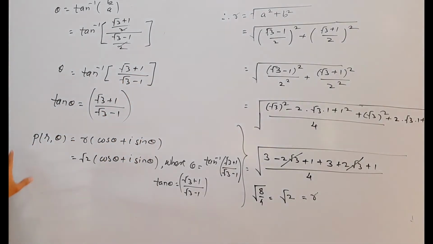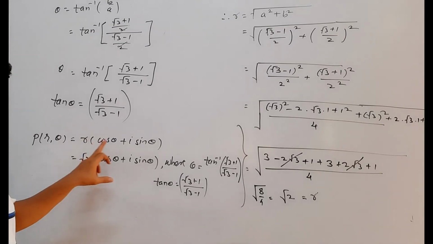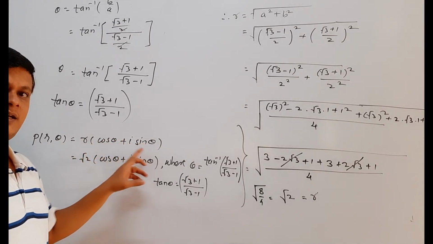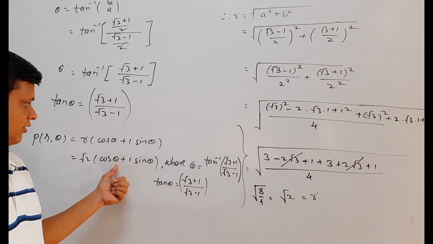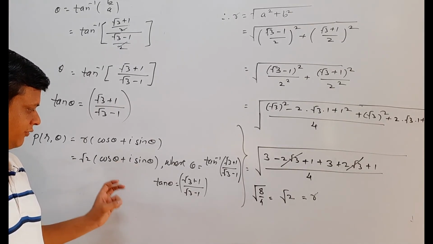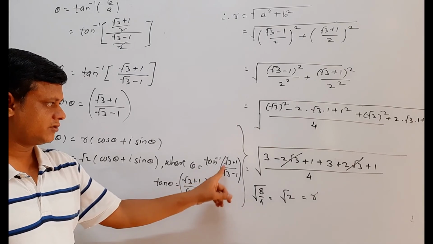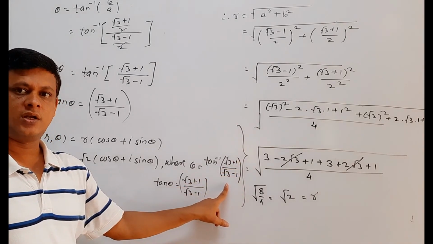So from that we write the polar form as r (cos theta plus i sin theta), and the value of r is root 2. We do not write the value of theta; instead, we mention that theta is tan inverse (root 3 plus 1) upon (root 3 minus 1).